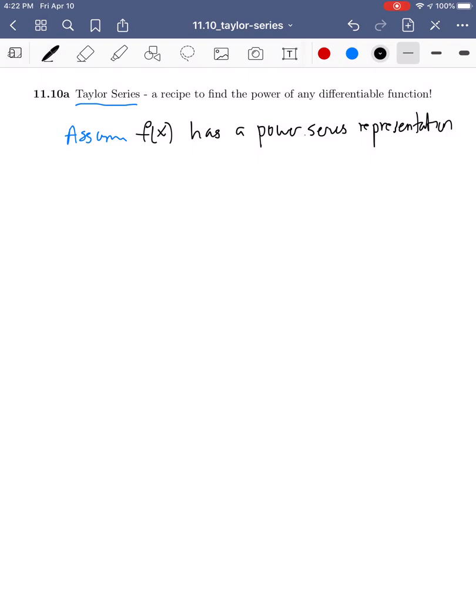So if we assume this, we're going to be able to write any old function f of x that has a power series representation in the following way.